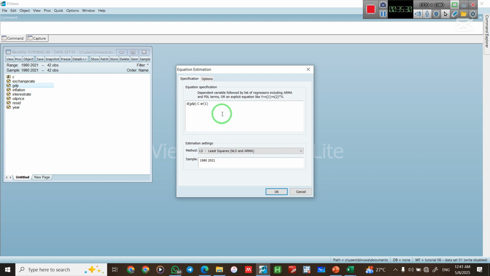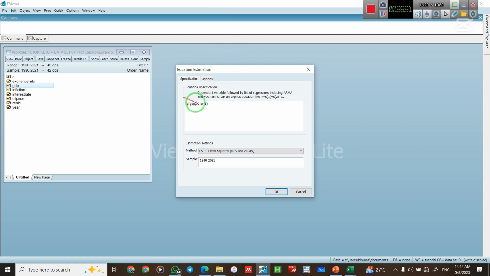In EViews, unlike Stata, you have to identify your dependent variable and your intercept, the C value. Then after C you have to type your independent variables, right?